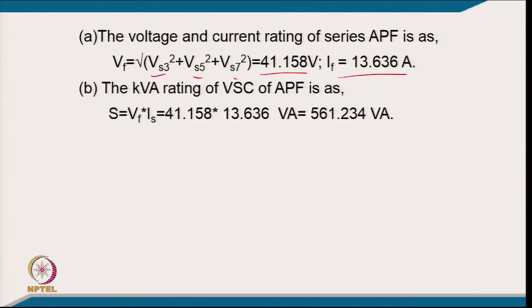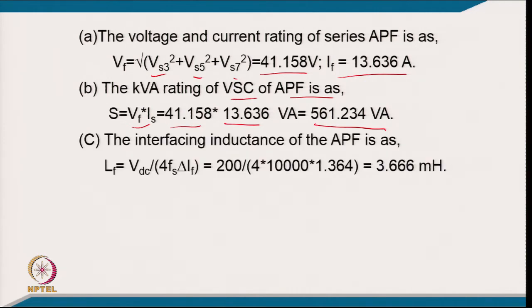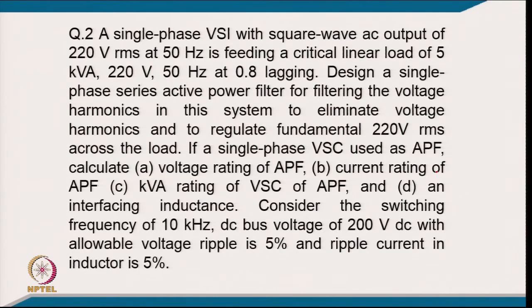Thus the kVA rating of the voltage source converter of the series active filter is Vf times IS, that is 41.158 multiplied by 13.636, which comes to 561.234 VA. The interfacing inductance of this series active filter we can calculate from the relation VDC by 4 f into delta IF. So, putting in the values, it comes to 3.66 millihenry.